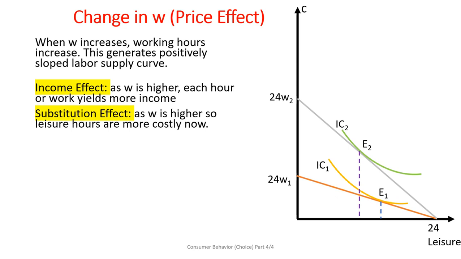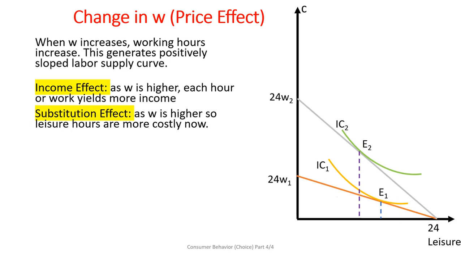The substitution effect, however, says that at higher real wage rate, leisure hours are more costly, so the consumer will substitute leisure hours into more working hours. So from this we know that the labor supply curve should be positively related with wage rate. That is, at higher wage rate, the labor supply should increase.